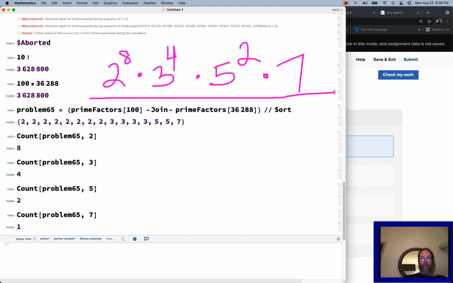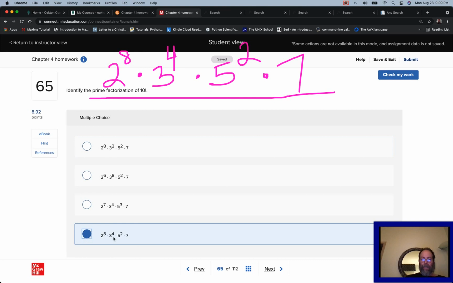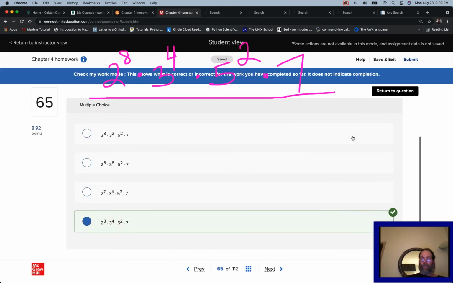Okay? Let's see if that's true. 2 to the power 8 times 3 to the power 4 times 5 to the power 2 times 7. And that is correct. That is the correct answer.